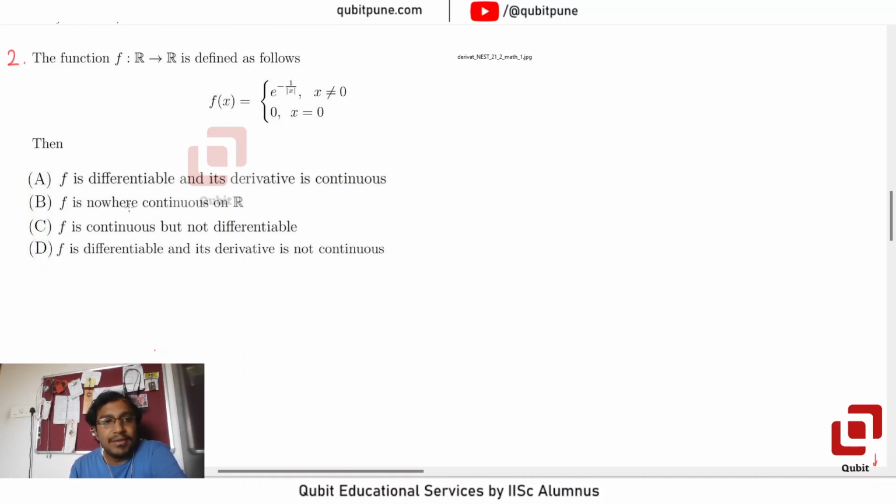Then f is differentiable and its derivative is continuous. F is nowhere continuous on R. F is continuous but not differentiable. F is differentiable and its derivative is not continuous. This came in 2021 second shift.